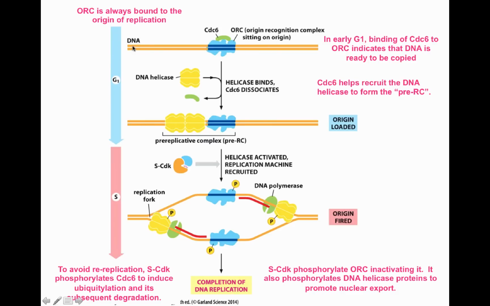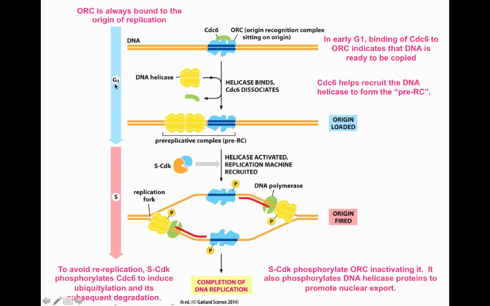So what we have here is a DNA molecule shown in orange, and bound to that DNA molecule is the ORC, the origin recognition complex, and that is sitting on the origin of replication during all the phases of the cell cycle. So it is a complex that is attached to the cell DNA all the time.